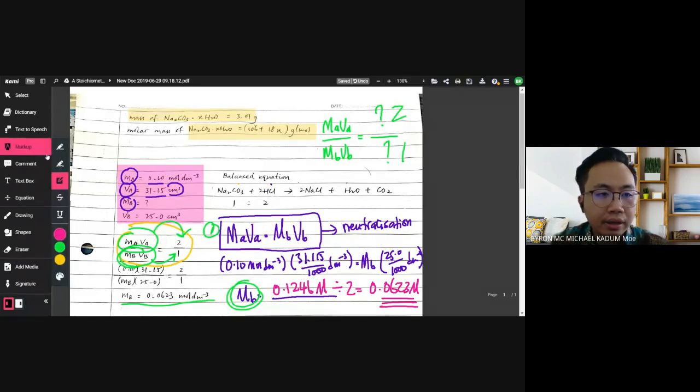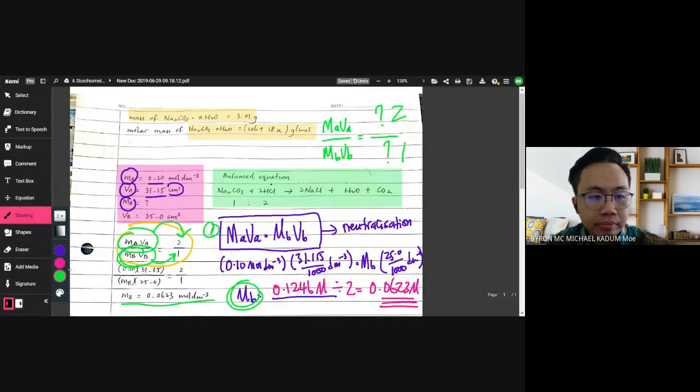Okay, kena ingat. This is your base. Need to remember that. This is your acid.